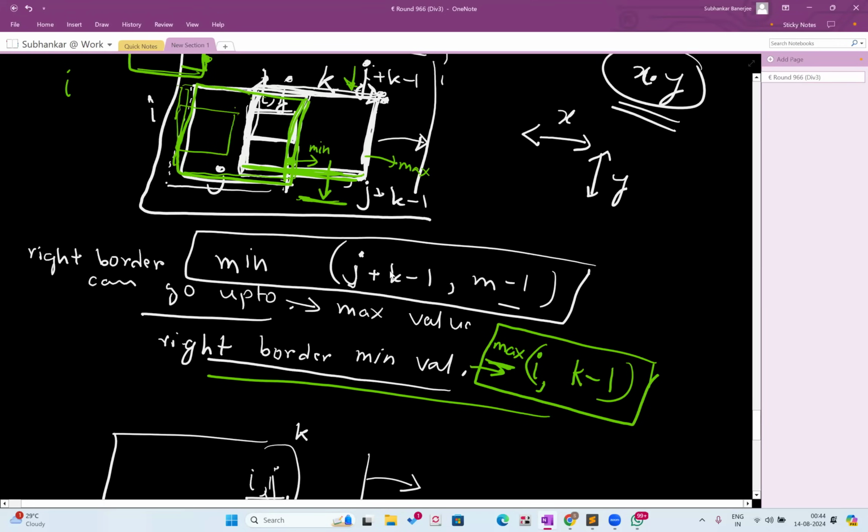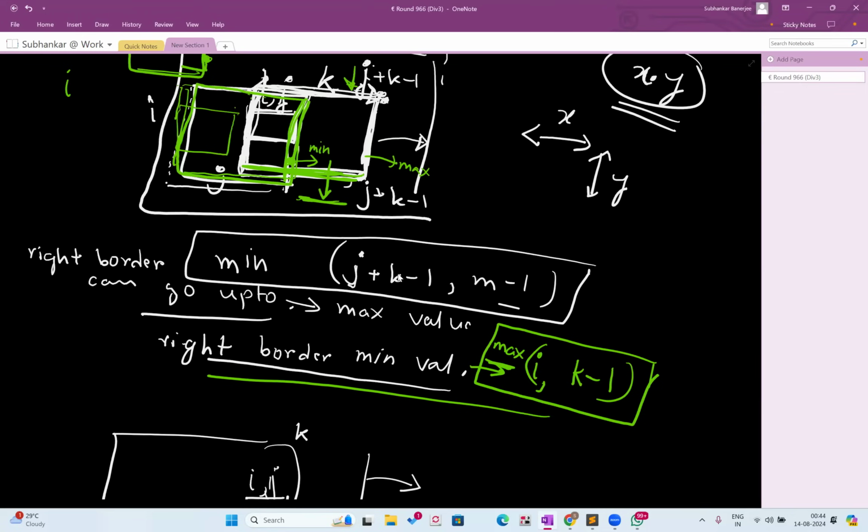And the right border can maximum go up to j plus k minus 1, otherwise if it goes more right, then it will not satisfy the condition that the i comma j cell lies in it. So j plus k minus 1 is the maximum value.